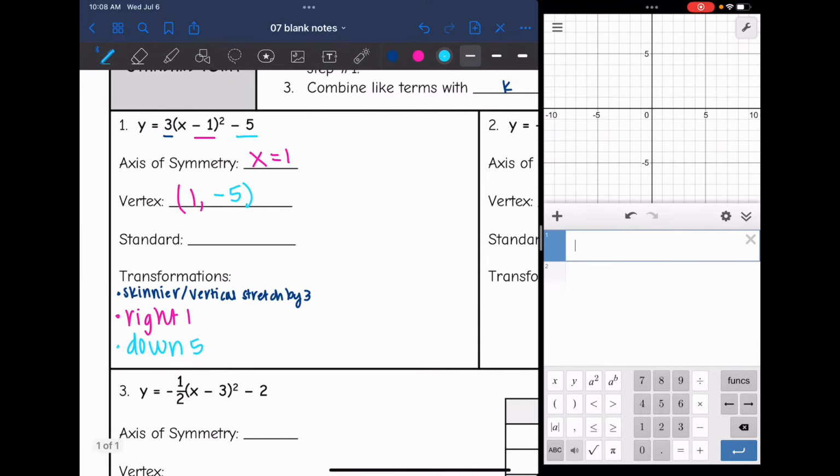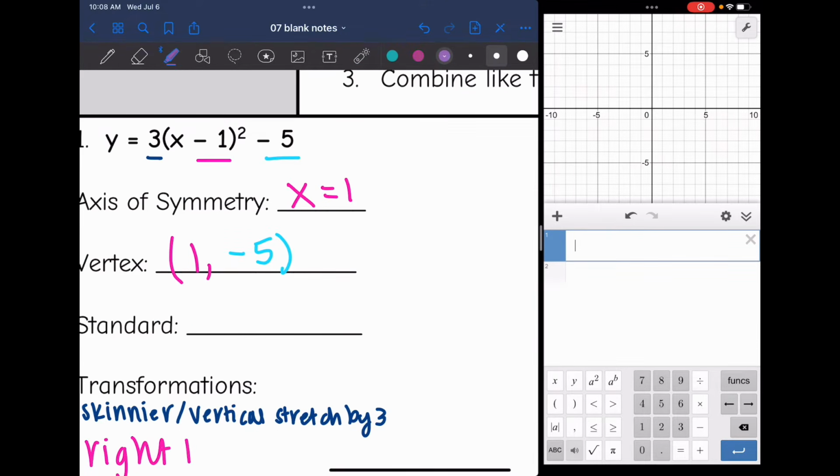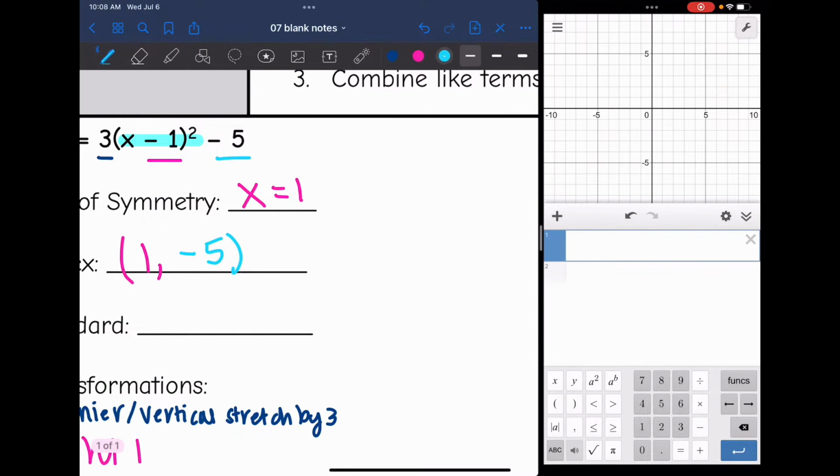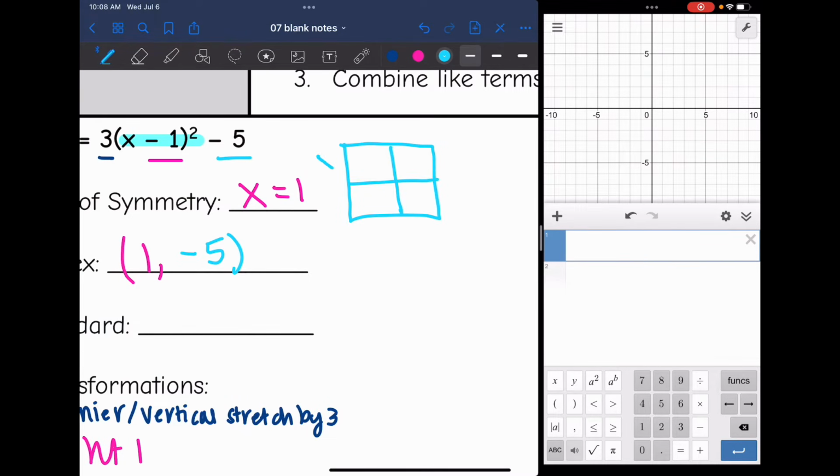So the first thing that I need to do is multiply x minus 1 squared. This time I'm going to use the box to do that. You can still use FOIL like I did last time. Okay, so x times x is x squared. x times negative 1 is negative 1x.